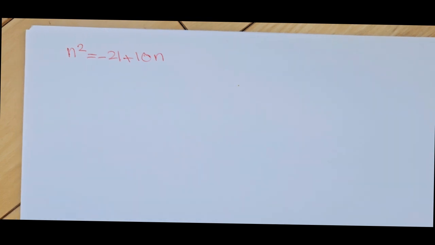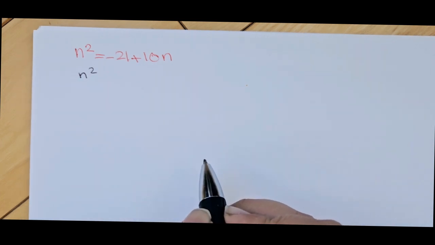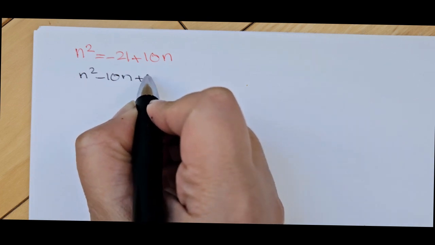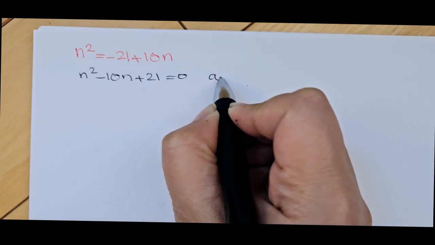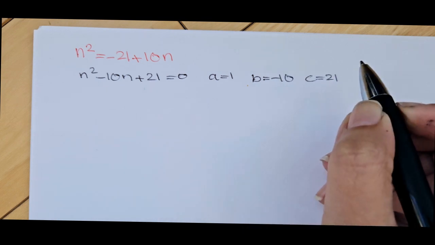Here we are given a quadratic equation, but you can see that it's not written in order from the biggest power to the lowest power, and it's on both sides. So first of all, we move everything to one side, and I try to do all the steps in one go. So that would be negative 10n plus 21. So A is 1, B is negative 10, C is 21.